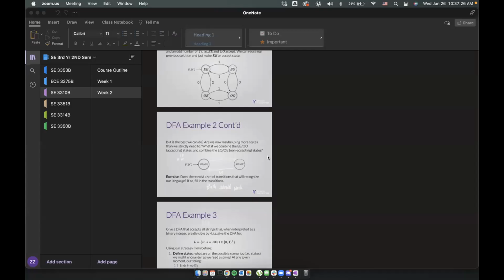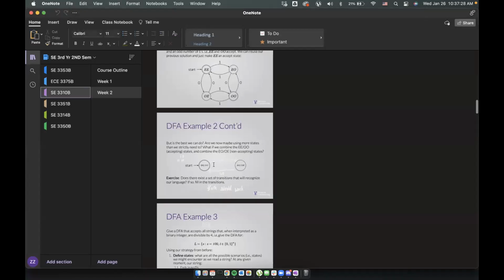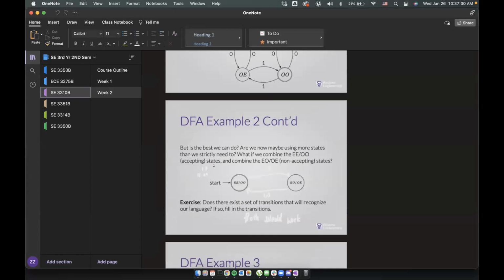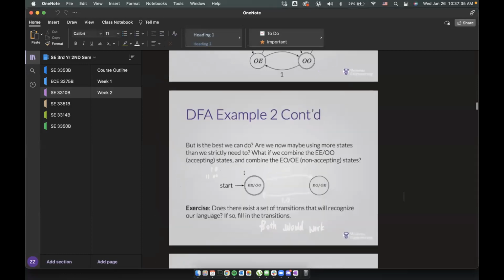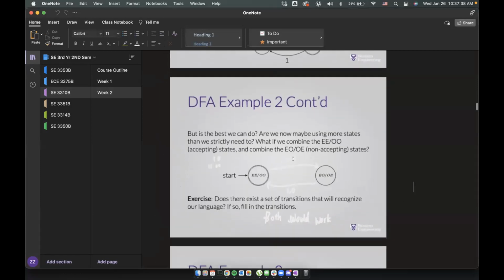Here it is. So this is the question that was asked last week. Can you guys see the white sort of strokes on here? Okay, perfect.